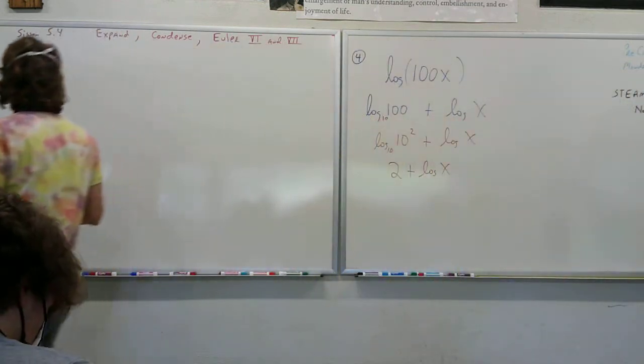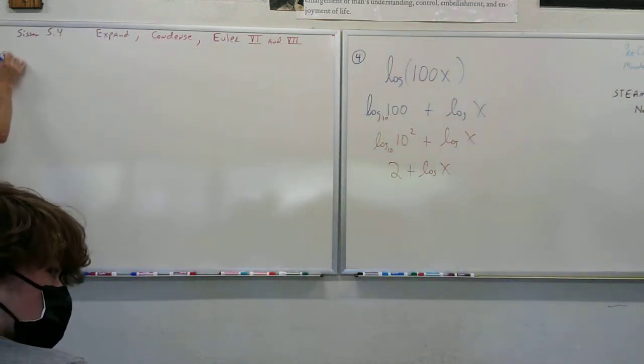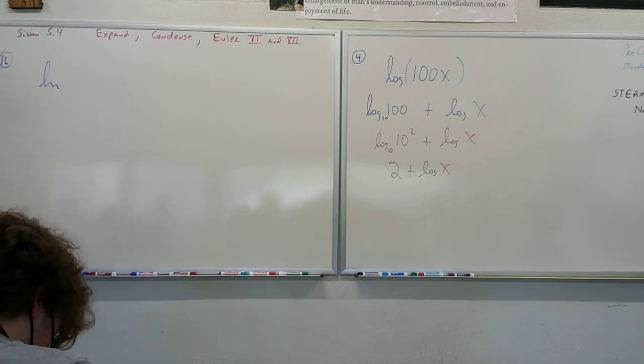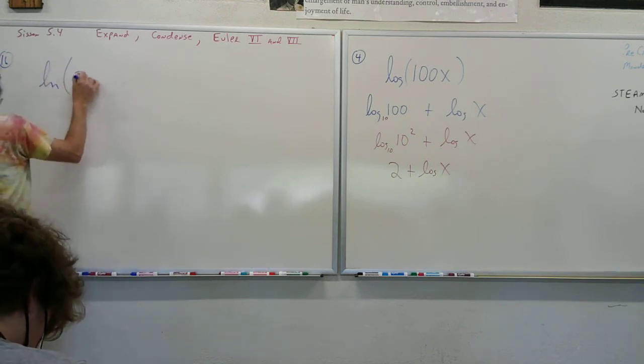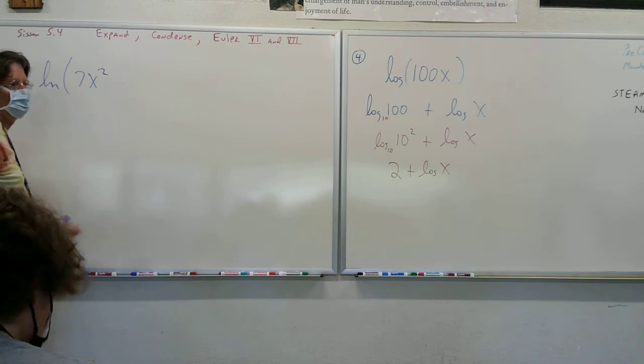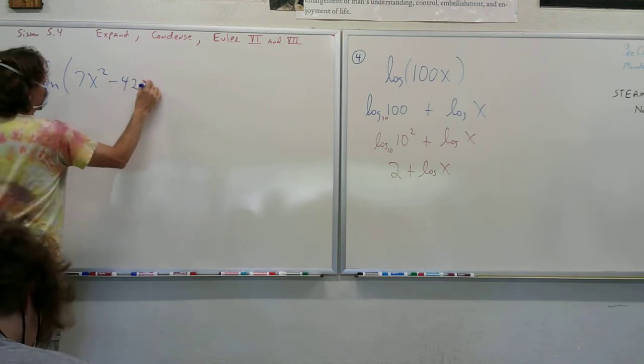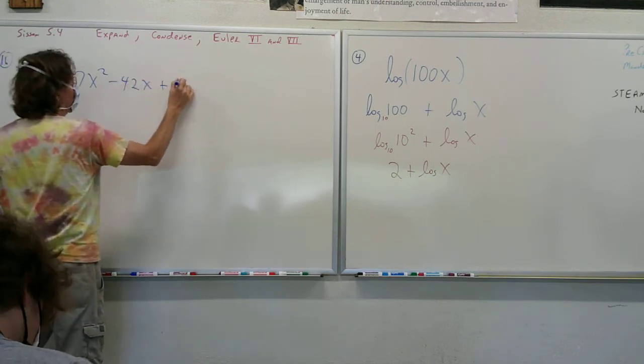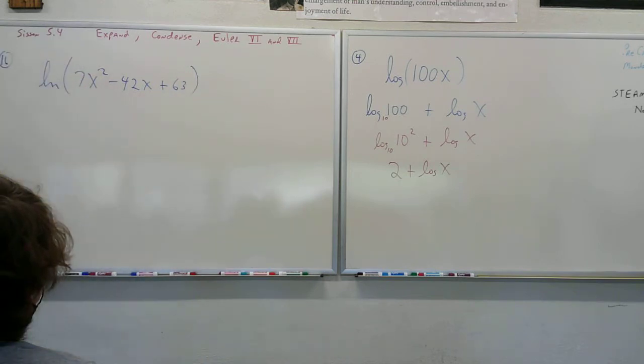Natural log, I got to tell them that too. Natural log, 7x squared minus 42x plus 63. First thing I know is, what will factor out of all three of those? 7.